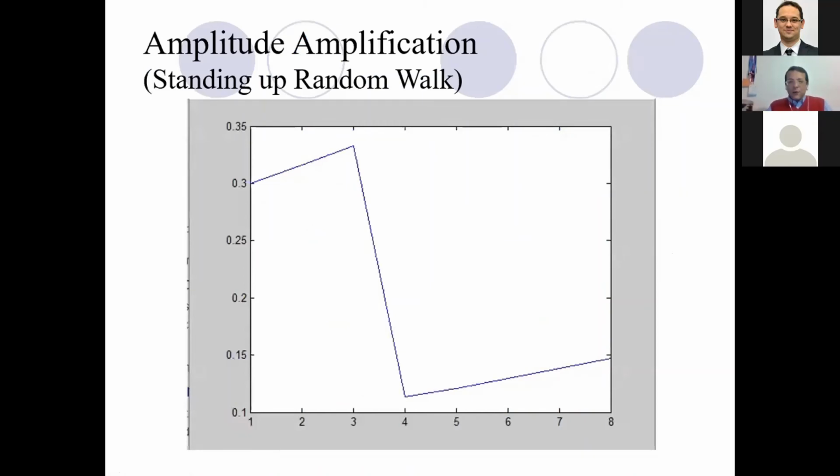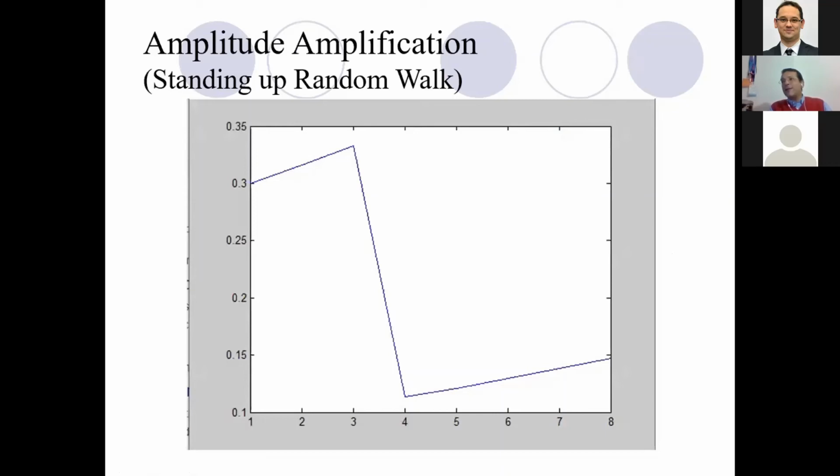The last thing, before I finish my talk and receive questions from your side, is to show you another very interesting application of this random walk. We are working on it right now, in which we are trying to use this random walk as an amplitude amplification technique.